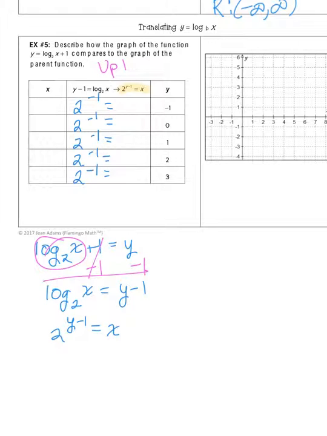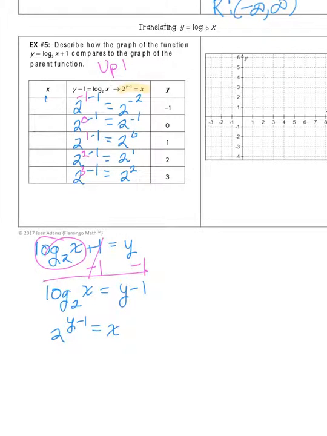Okay, and so then I'm going to put my y in. So this is a -1 and a 0 and a 1 and a 2 and a 3. All right, and so I get 2 to the -2, 2 to the -1, 2 to the 0, 2 to the 1, and 2 to the 2.